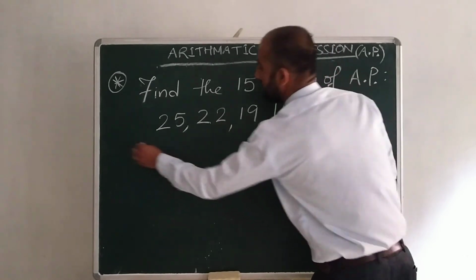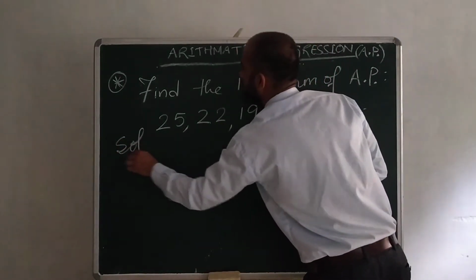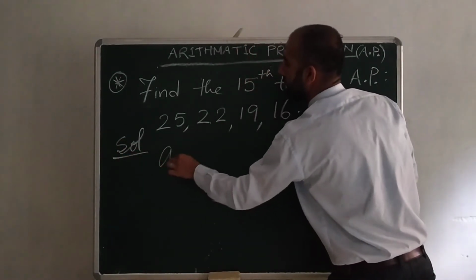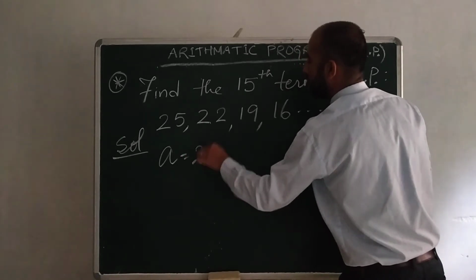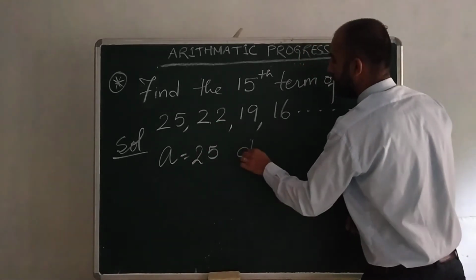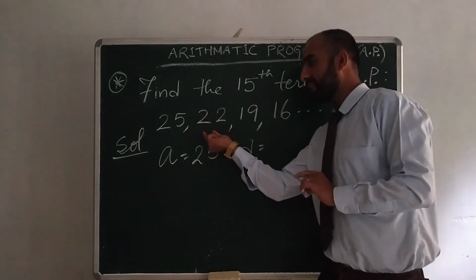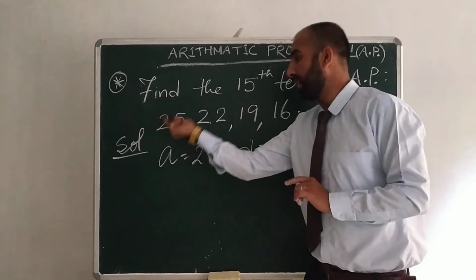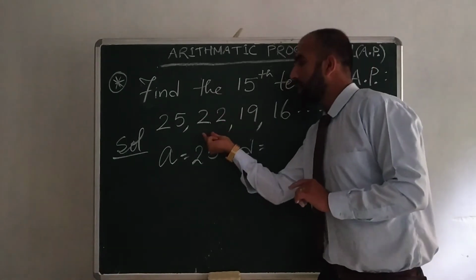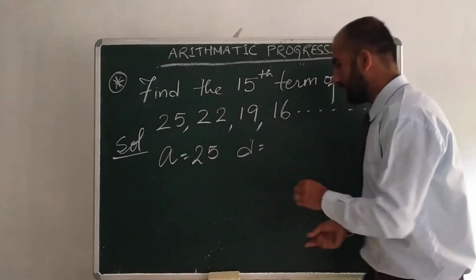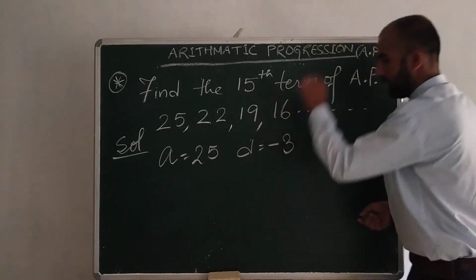Okay, in this case, let's see. Here the first term is 25 and the common difference, again, note it: second term minus first term, not first term minus second term. So 22 minus 25, that is minus 3.